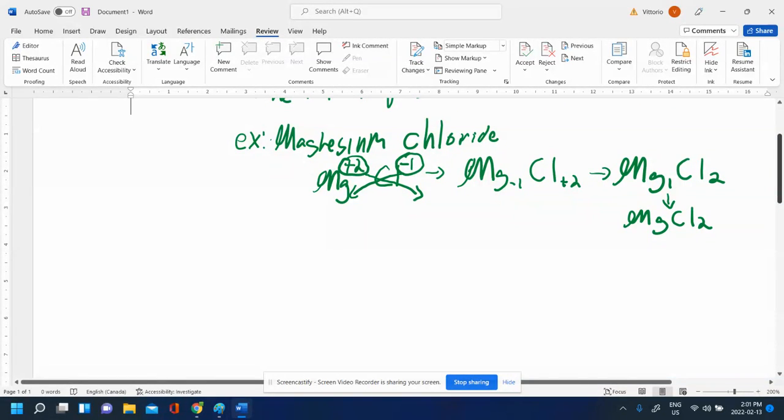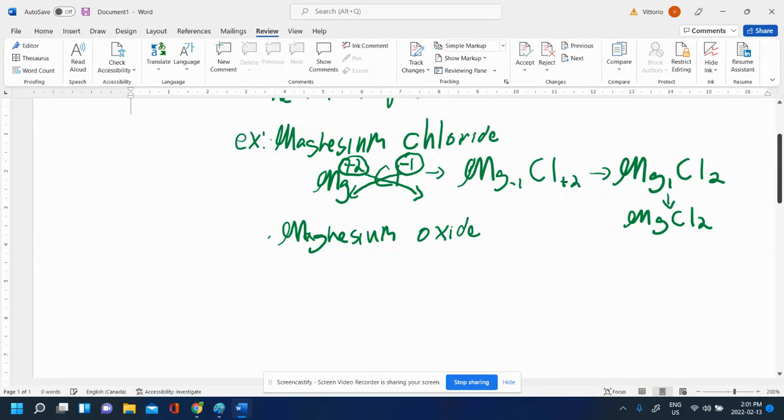Sometimes there's an extra rule you have to follow. We'll do it in this example here. We'll write the formula for magnesium oxide. Same idea. We'll have Mg +2. The charge of oxygen, group 16, 6 valence electrons, wants to gain 2, not lose 6, so -2.